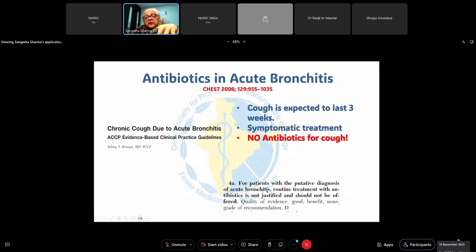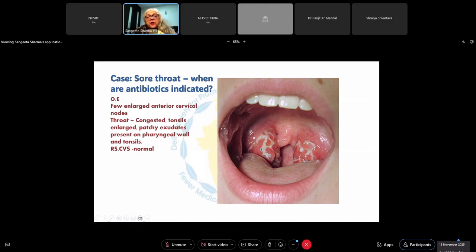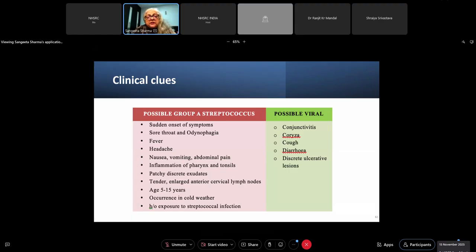Similarly, acute bronchitis, this is expected to last for 3 weeks. Symptomatic treatment is needed, no antibiotics for cough. Yes, we are worried about the sore throat. You should know the indications when you can use this. So clinical clues are there using which you can distinguish between viral and streptococcal infections.